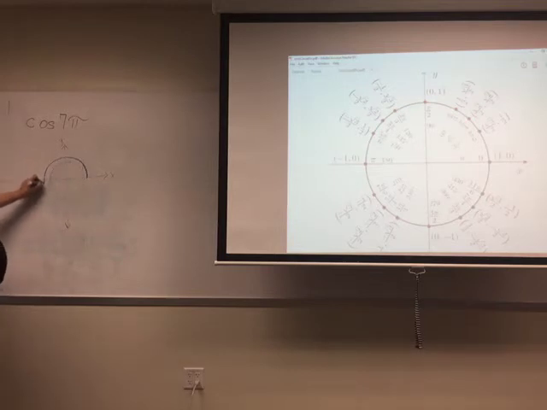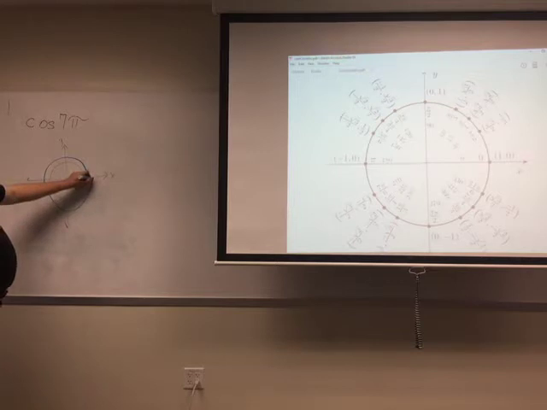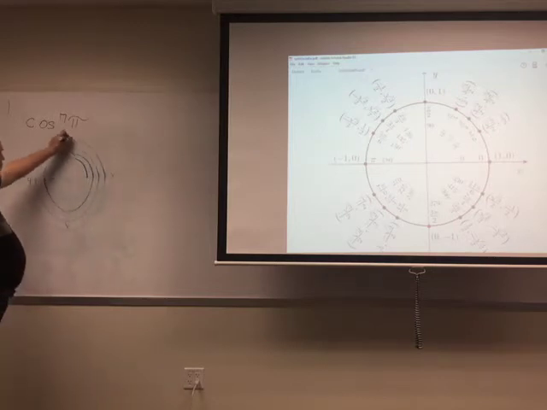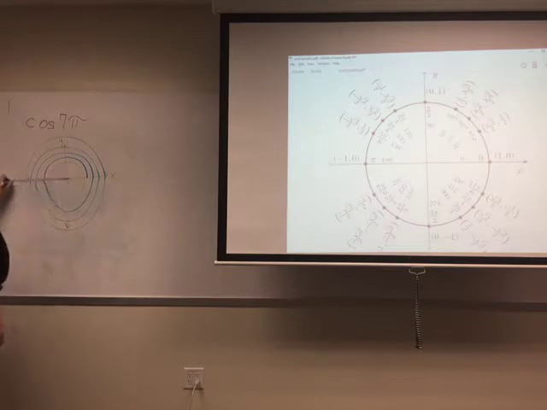Around to here, that would be 1 pi, 2 pi, remember 1 pi is the same as 180 degrees, 3 pi, 4 pi, 5 pi, 6 pi, 7 pi would get me to right there. So that's where my terminal side would be, pointed to the left.